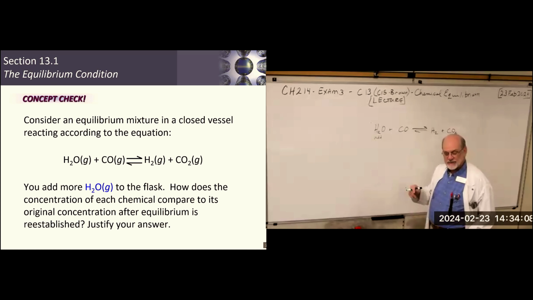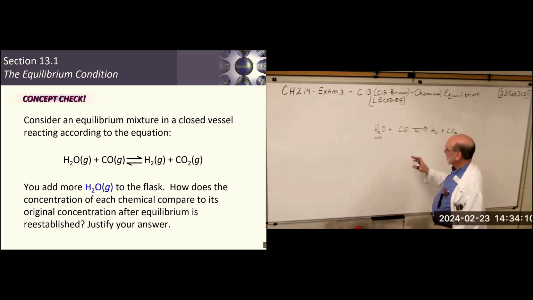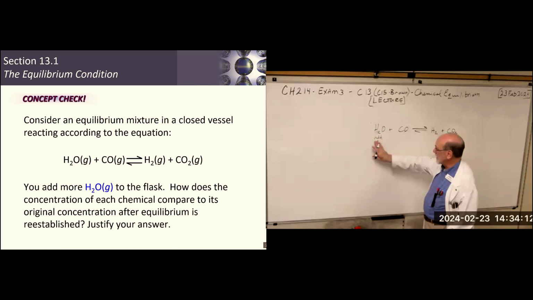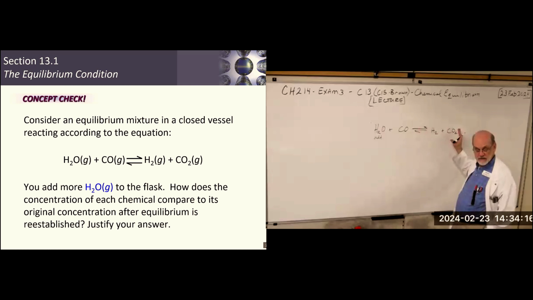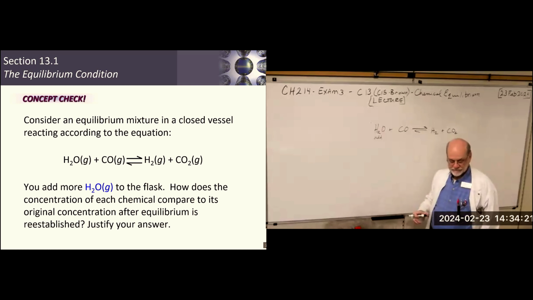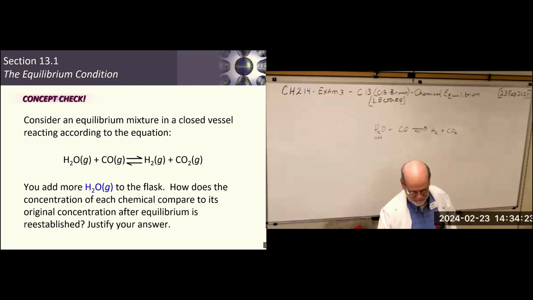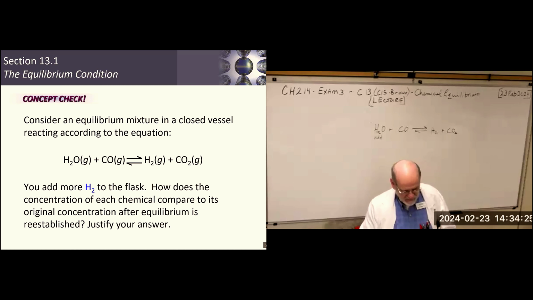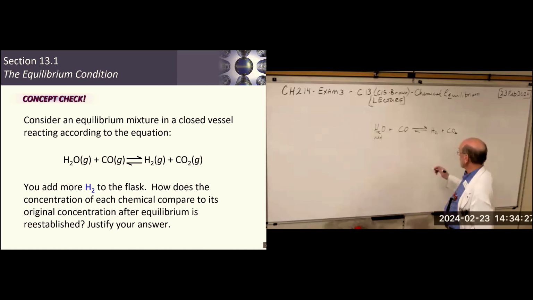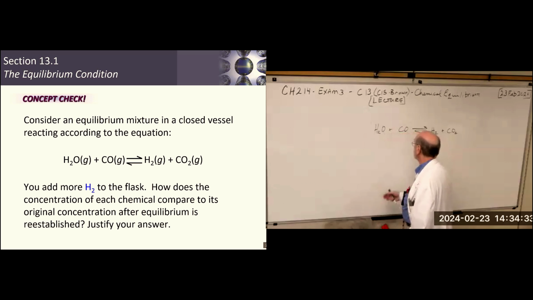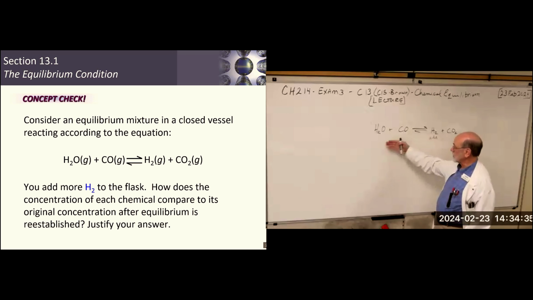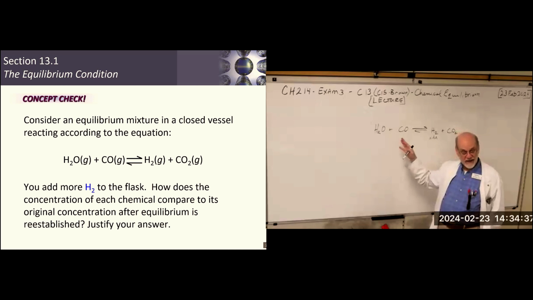So in terms of shifting equilibrium, when we add a reactant, we're going to shift the equilibrium to the right until we get another balance point. If you add more hydrogen to the other side, and it's in a state of equilibrium, then it's going to go reverse until you find that balance point again.